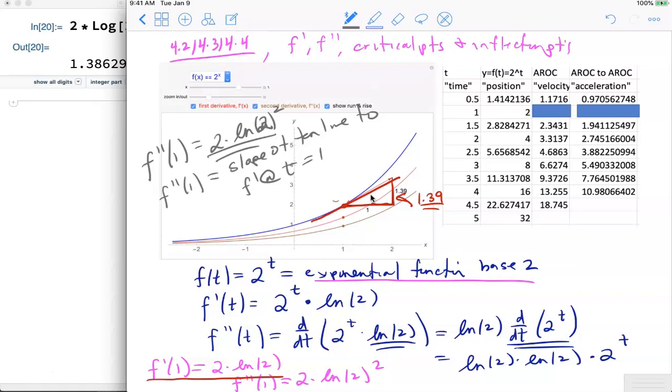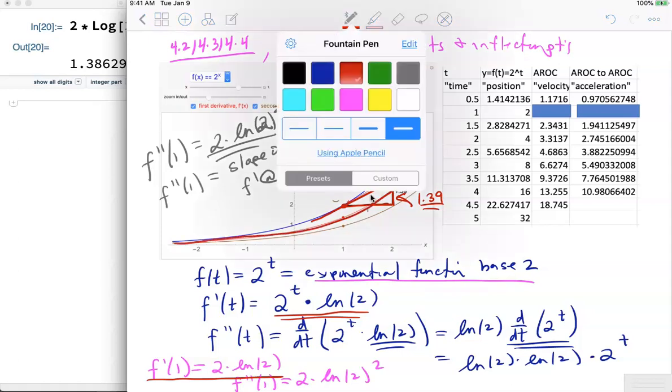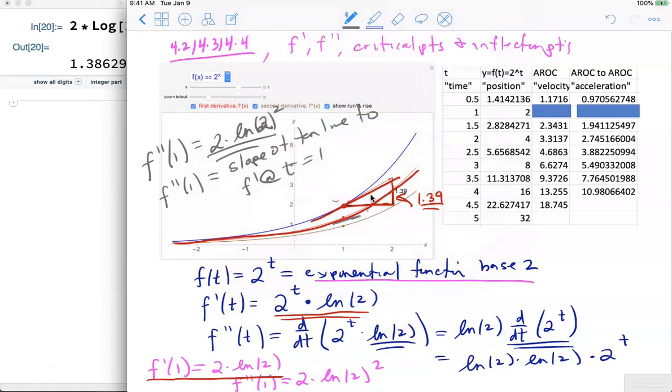So if we look at the graph of 2 to the t times the logarithm of 2, that is the graph shown in red. Let's go to a time t equal to 1 and find the tangent line to the derivative at t equal to 1. What is the slope of this line going to be?